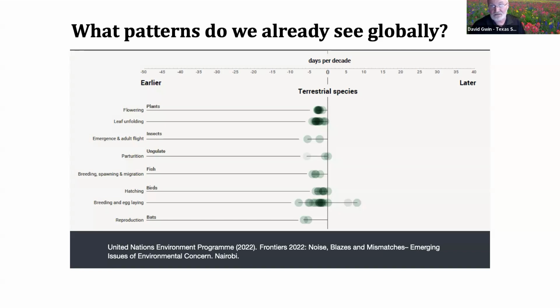So the two takeaways here is plants are beginning to flower and produce leaves earlier, about 5 days earlier than they previously did. And birds are starting to hatch their young earlier, about half as much, in about 2 to 3 day phenomena. And then breeding and egg laying is also occurring.